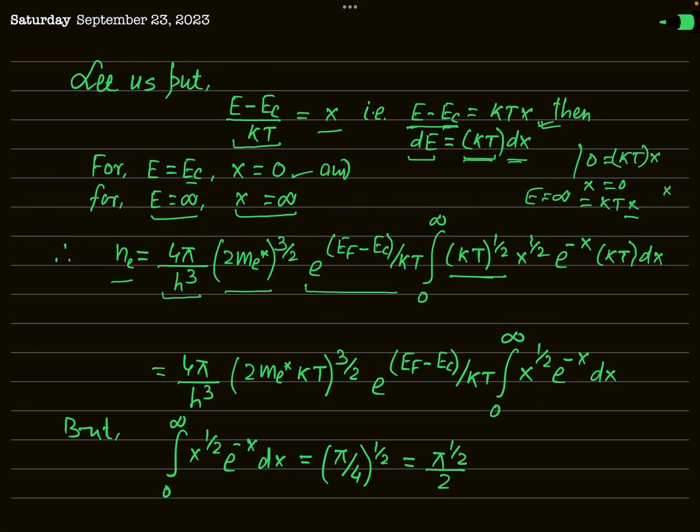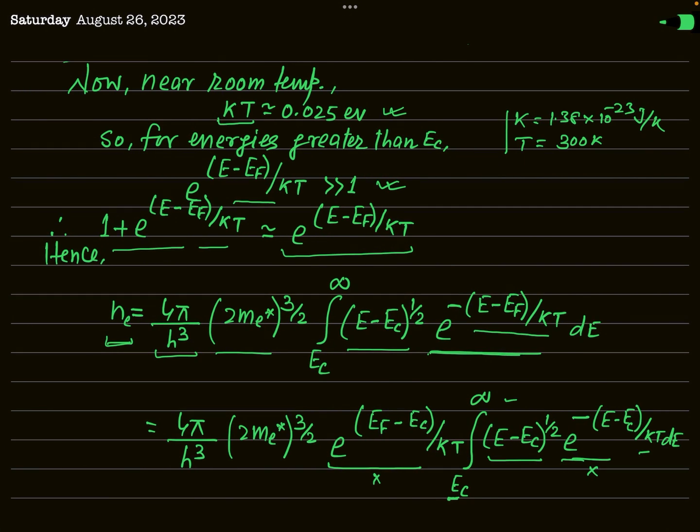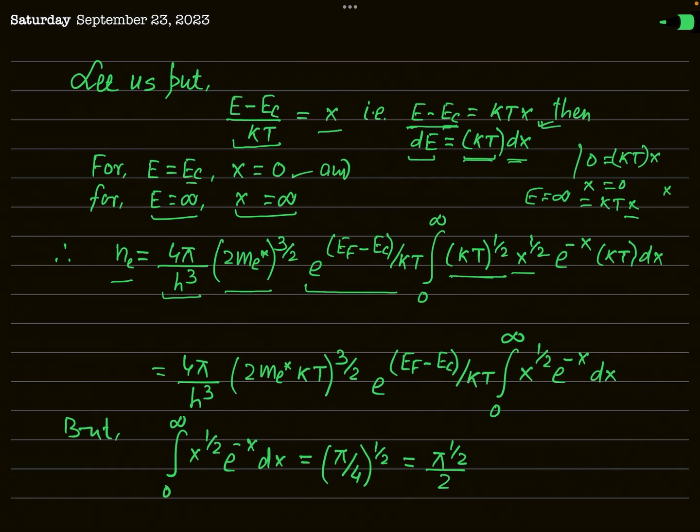So this will be (KT) to the power half times x to the power half. And the exponential factor was e to the power minus (E minus EC) by KT. But (E minus EC) by KT is x. So this will be e to the power minus x. And what is dE? You can see dE is KT dx. So at the place of dE, I have written KT times dx.